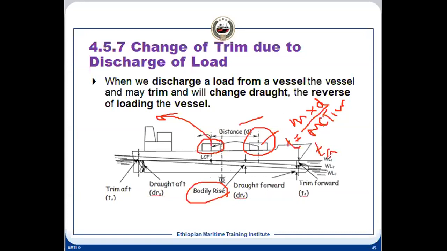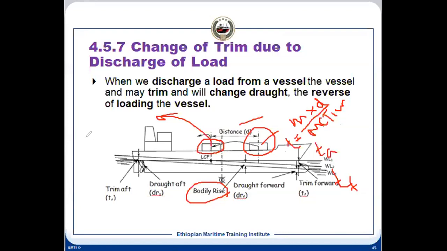Exactly the same formula that we have used before. So once we use that formula, trim multiplied by (L/2 plus minus LCF) divided by L. And it will depend on where the LCF is. Here it is aft of midship, so for TA, the LCF will be minus, for TF, LCF will be plus.